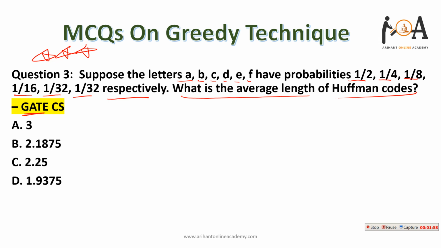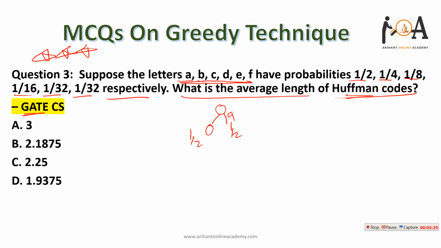So focus on this. It is a Huffman coding problem in which we need to find the length of the code of each letter. So initially we are starting from here, and the letter A has a probability of 1 by 2.